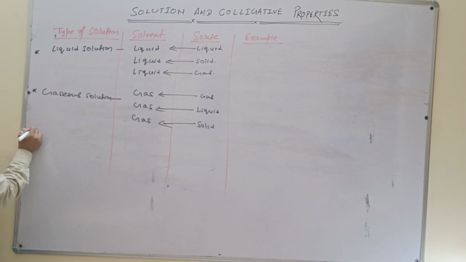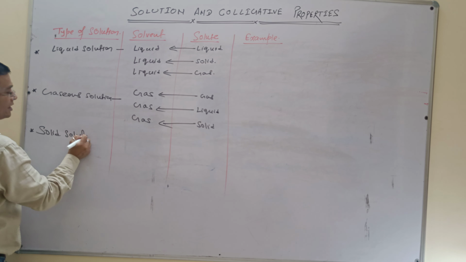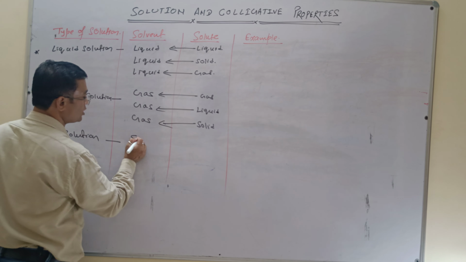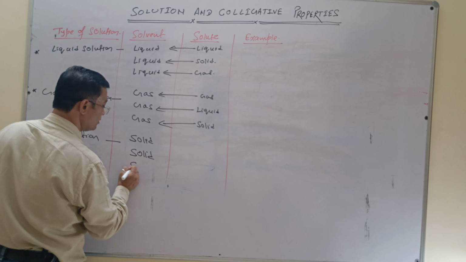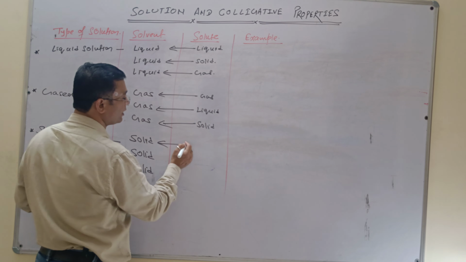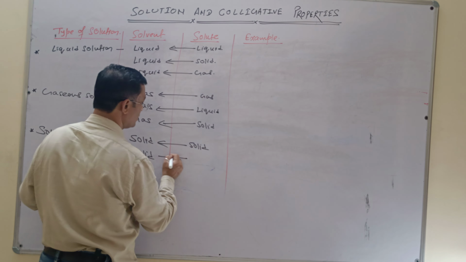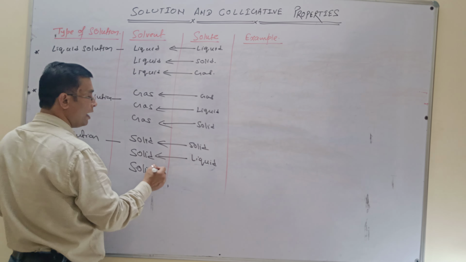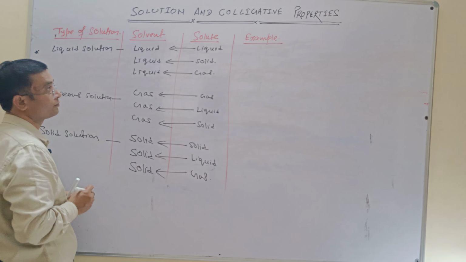If I am taking the solid solution, then you can see here the solvent component is always solid, and here the solute component is solid dissolved in the solid, liquid dissolved in the solid, and gas dissolved in the solid, like this.